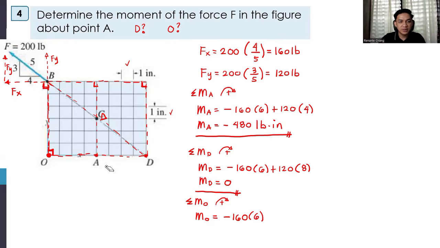So, let us proceed sa ating force Y. So, tingnan natin kung positive ba siya o negative. Ito yung Fy natin, ito yung 0. So, as you can see, hindi po siya makakaikot kasi papuntang itaas siya, then yung ating point O is matatamaan. Or sa madaling salita, walang distance yung ating Fy papunta kay point O. So, ilagay pa din natin, for example, positive Fy natin is 120 multiplied by 0.